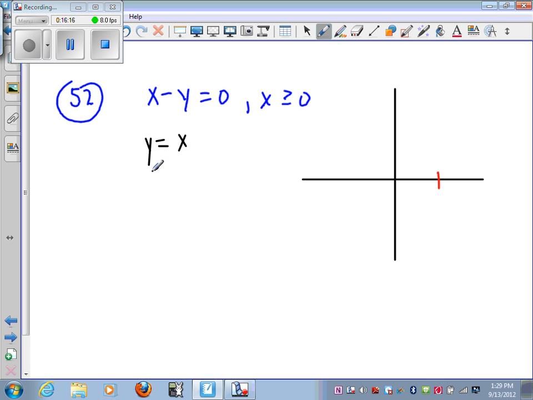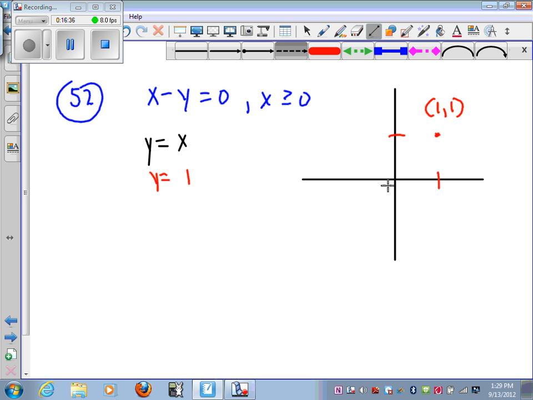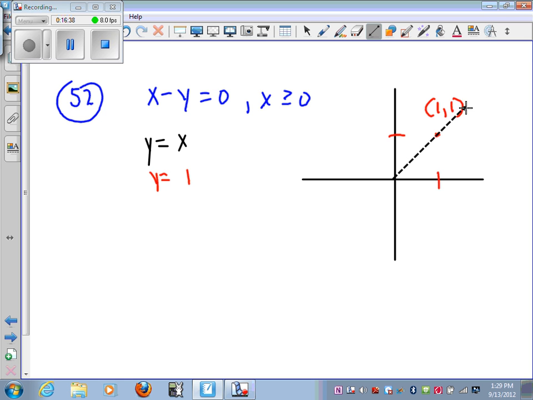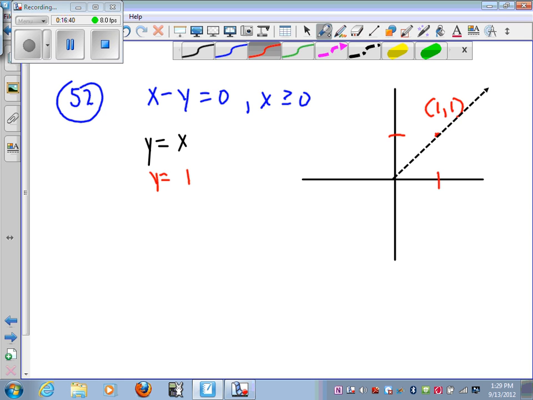Right. Substituting 1 in there, it's a point right up there. That's a point that satisfies that equation. And then we have the terminal side right there, and the angle that we're dealing with is right here.